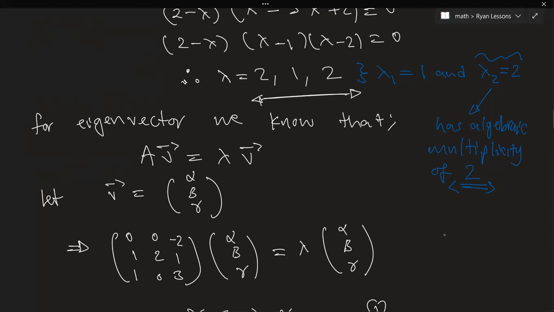The algebraic multiplicity tells us how many times a specific eigenvalue repeated as a root of the characteristic equation. Since this one repeated 2 times, we say it has an algebraic multiplicity of 2.